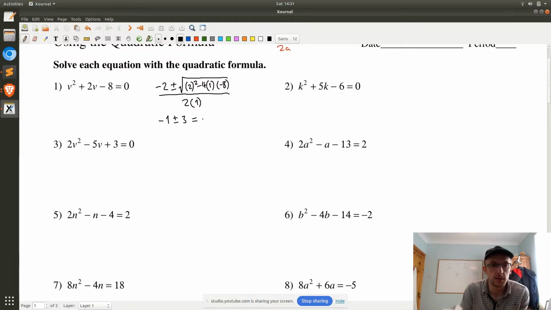Which is negative 4 or 2. I mean, over here, you can just see it. It's k at 6 times k take 1. But if I just show you the quadratic formula in action, so minus 5 plus or minus the square root of b squared minus 4 times 1 times negative 6 all over 2 times 1.